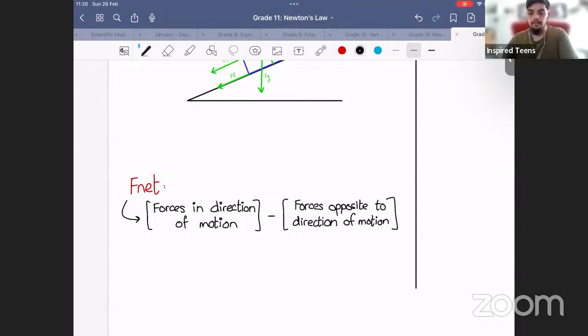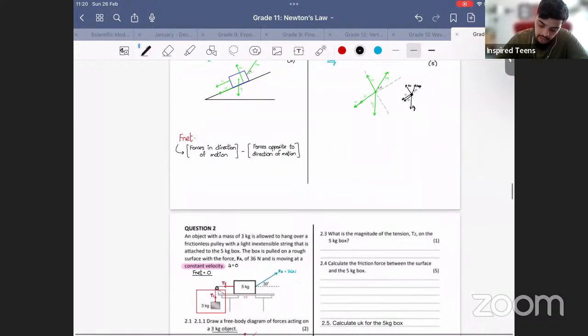That's where we did that. Yes, correct. Forces in the direction of motion minus forces opposite to the direction of motion.